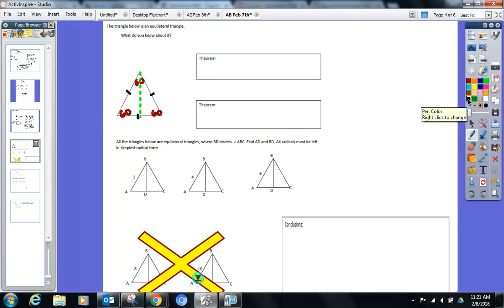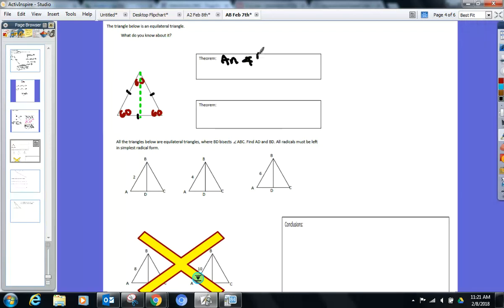Two things now. If I know that's an angle bisector and the triangle's equilateral, an angle bisector is also an altitude. Meaning what to you guys? Forms right angles, right?